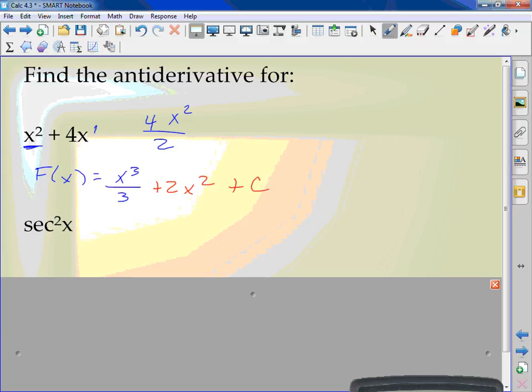Secant squared of x. Now, it's better unless you have them memorized. Look at your sheet that has all the trig identity derivatives. What gives me secant squared of x? Whitney?